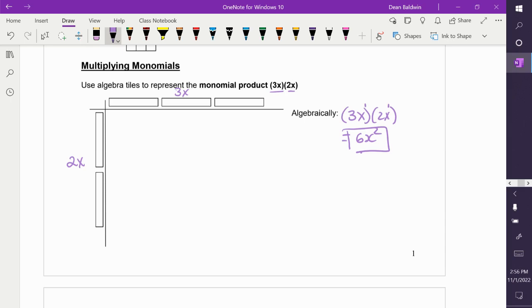Which shape do you think you're going to get? Well, this side and this side are just matching up like that, right? You're essentially creating a square, okay? Because what it is really is the area. It's this length times this length, which gives you the area of a square.